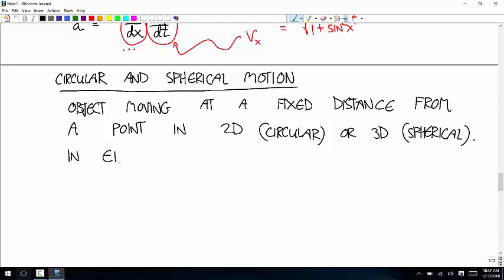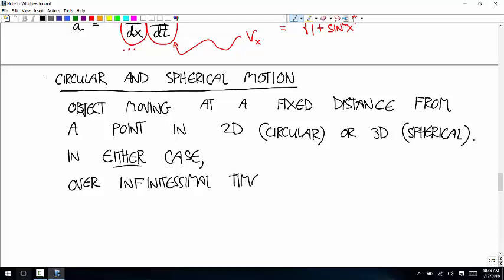In either case, over an infinitesimal time interval, dt, that motion is circular.